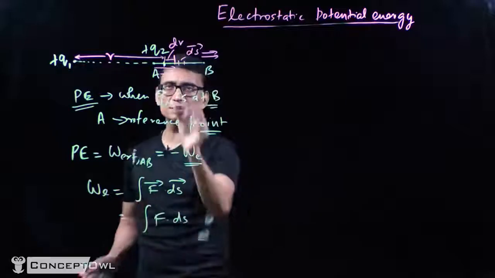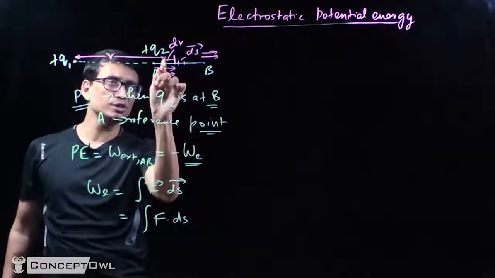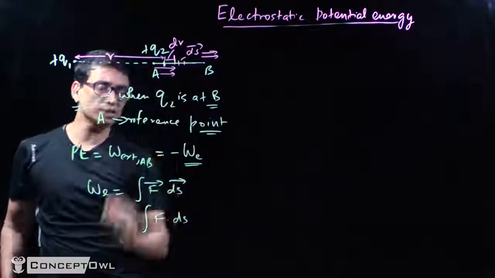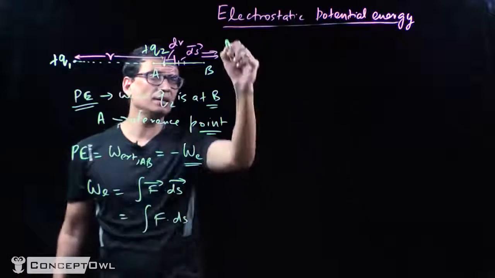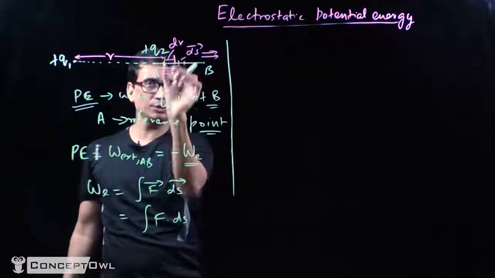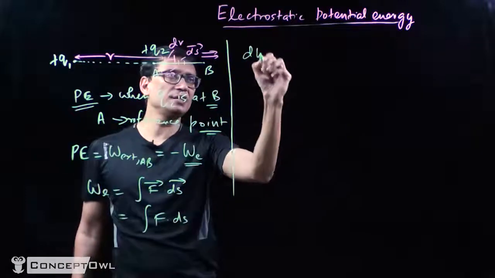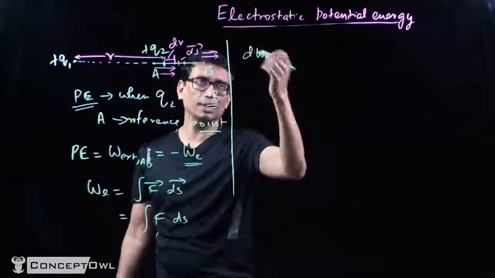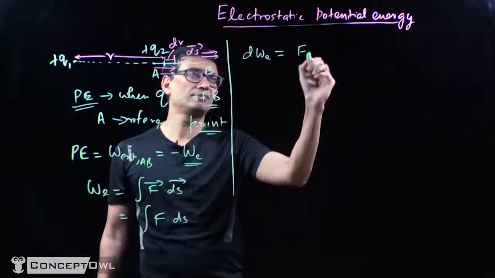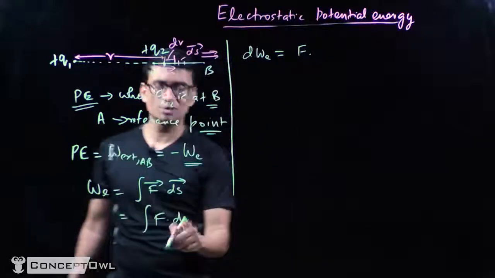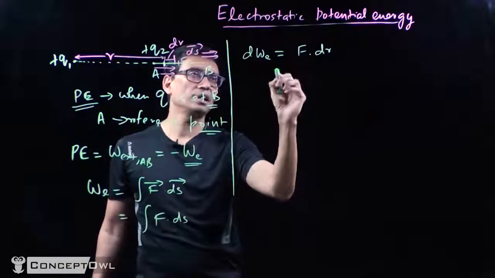Now let's find the work done by the electrostatic force when the object undergoes this displacement. The work done by this force for this displacement, I'll call dW_E, the electrostatic work. This is going to be F into ds, where ds is my dr, so F dr. And what is F?